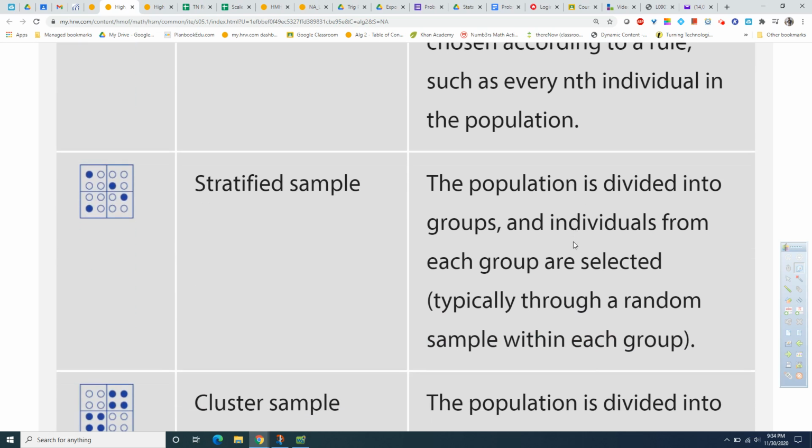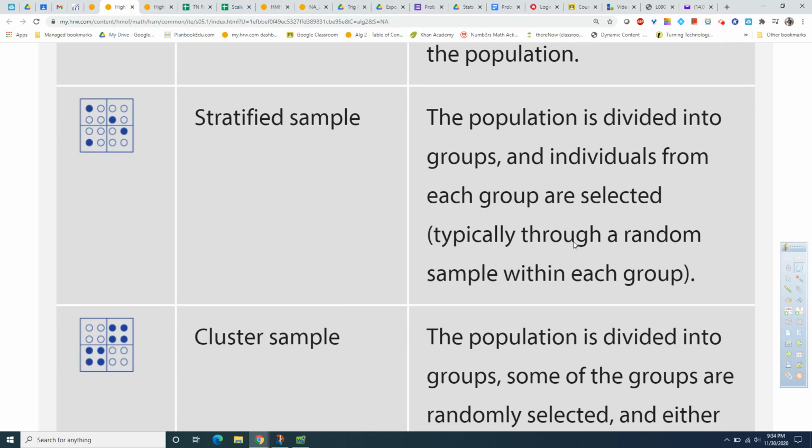But I'll see if I can explain stratified and clustered. Now, stratified and clustered is what you do is you're going to take your larger group and break it up into smaller groups. And just for an example, let's think about a high school that has 9th, 10th, 11th, and 12th graders. So that would go with this picture.